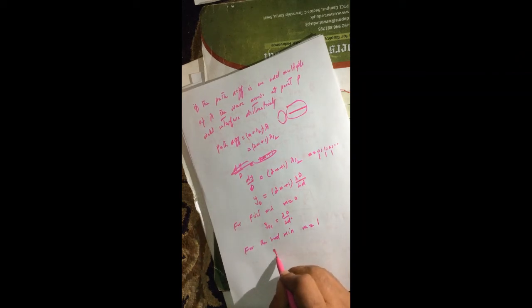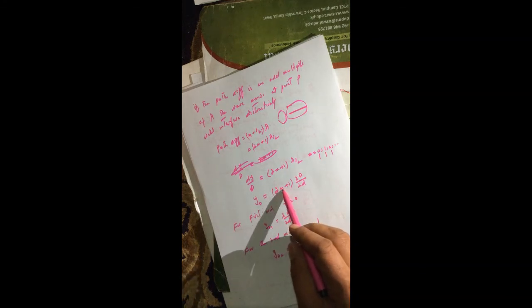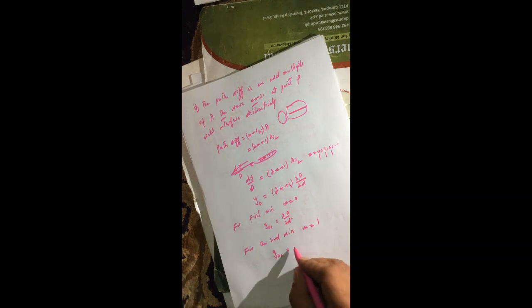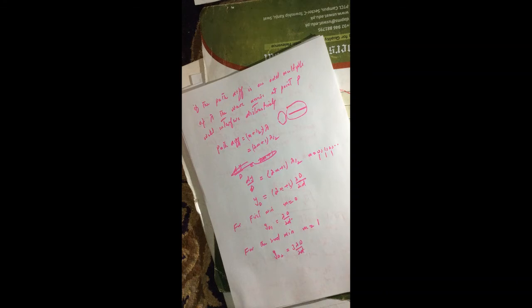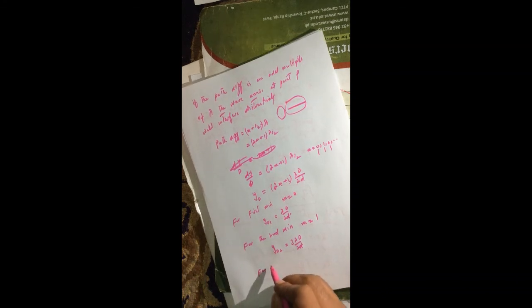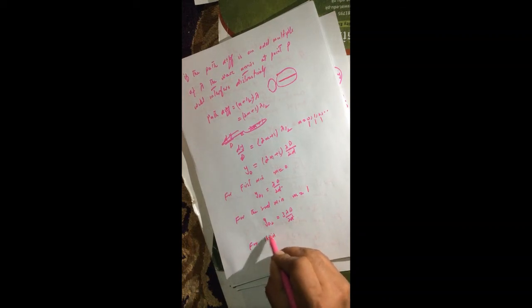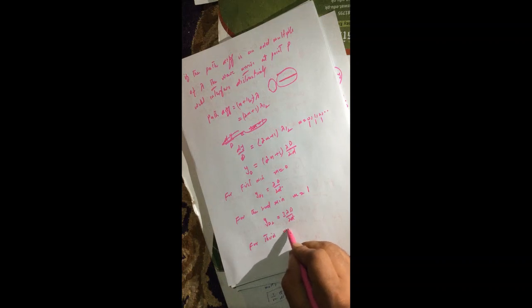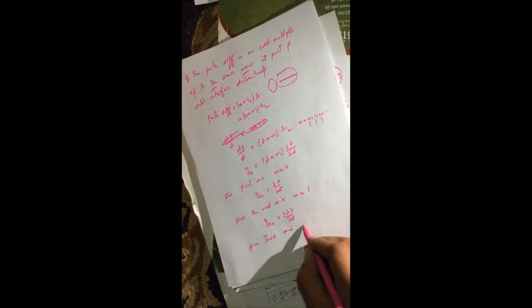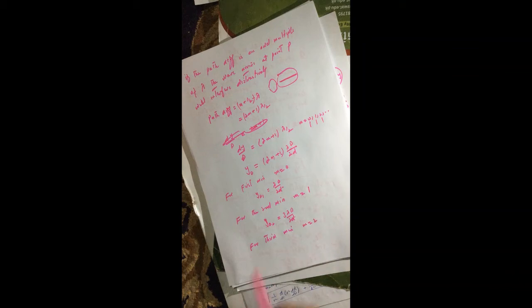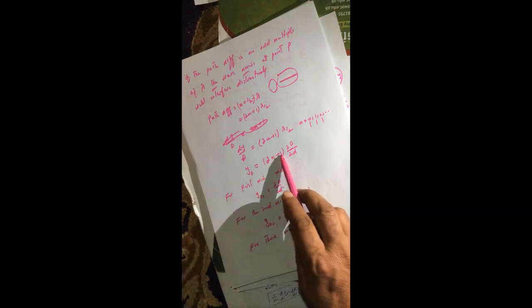So 2 ones are 2 plus 1, 3, so it is 3 lambda D divided by 2d. For the third dark fringe, m should be 2. 2 twos are 4 plus 1, 5.